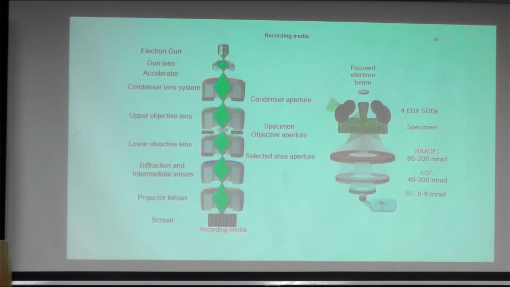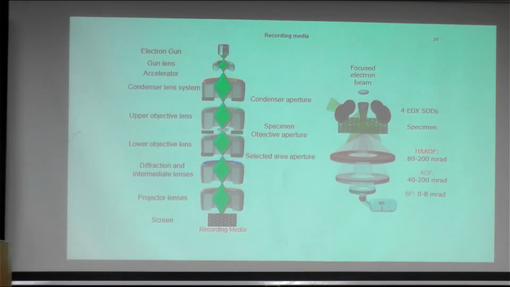So now to the recording media. After we create the image from the specimen and can see it on the screen, we need to record it. In the case of TEM, we use CCD cameras. In scanning transmission electron microscopy, we need different detectors like HAADF, ADF, and bright field detectors.